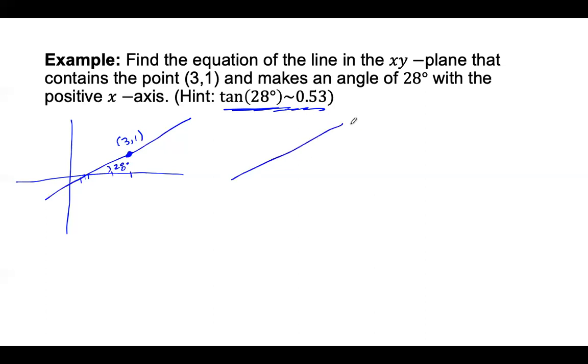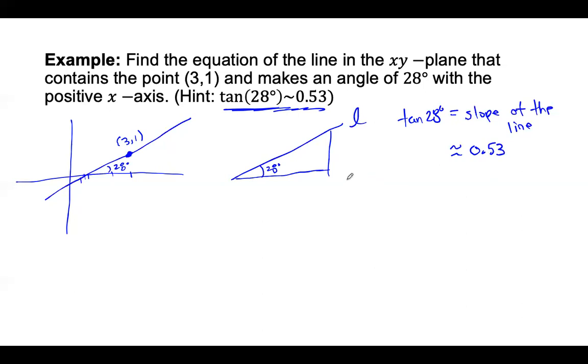So we have this line, this L, and it makes 28 degrees with the positive x-axis. So we know that the tan of 28 degrees is equal to the slope of the line by definition. And this is approximately equal to, as given in the hint, 0.53.